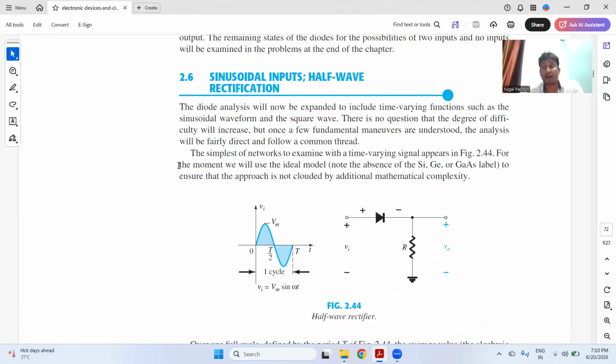The half wave rectifier has less efficiency, and there is more AC content in it. Whereas in the full wave rectifier, there is less AC content, and both the positive and negative cycles get rectified. The full wave rectifier is of two types, center tap and bridge rectifier. The details we will discuss in the next video.